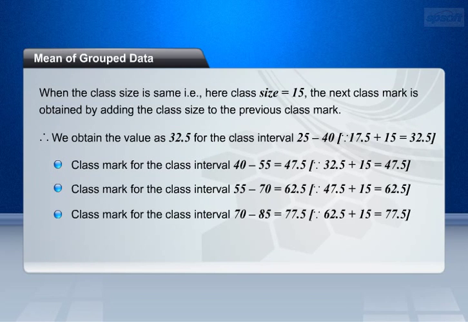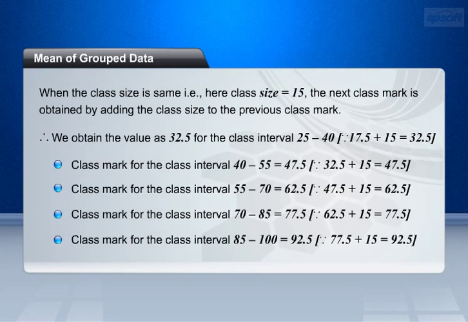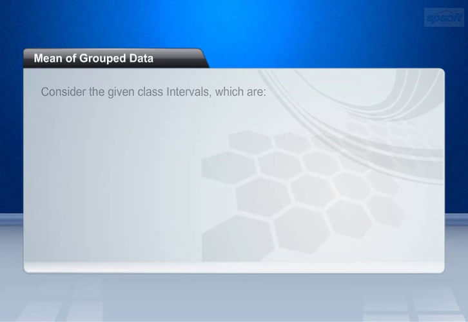We obtain 77.5 for the class interval 70 to 85, since 62.5 plus 15 equals 77.5. We obtain 92.5 for the class interval 85 to 100, since 77.5 plus 15 equals 92.5.